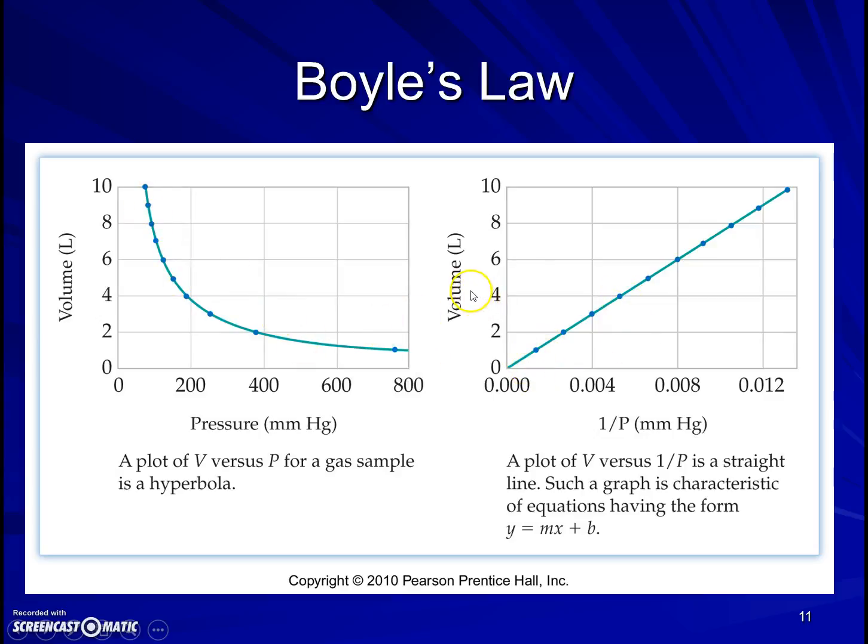To get a linear fit, we can plot that same data, plotting volume versus the reciprocal of pressure. So this is the exact same data that we have over here, but instead of using pressure on the x-axis, we use 1 over pressure, and that gives us an equation in the form of y equals mx plus b. Volume equals slope times 1 over pressure plus the y-intercept, which in this case is 0.